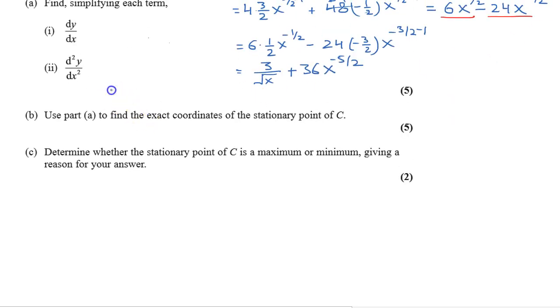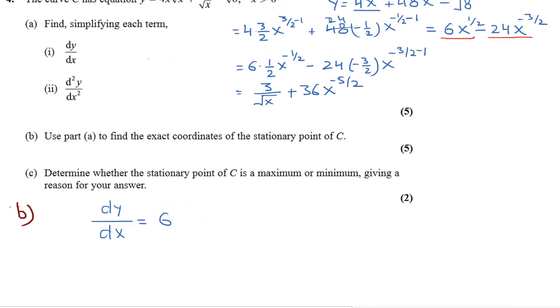Find the exact coordinate of a stationary point. So at stationary points, this is part B. dy over dx is, we have 6 x to the power half minus 24 x to the power minus 3 over 2.